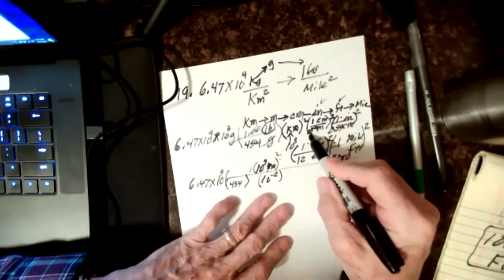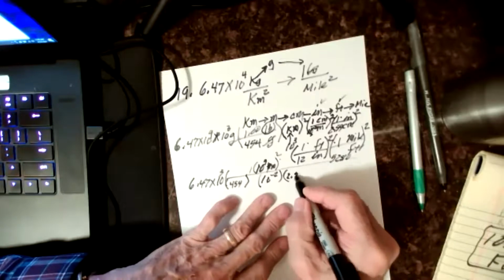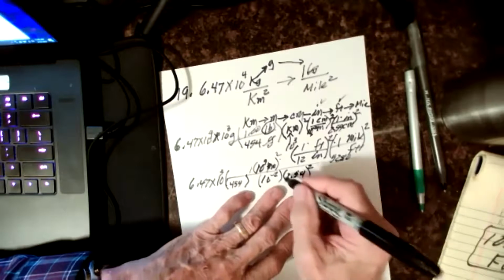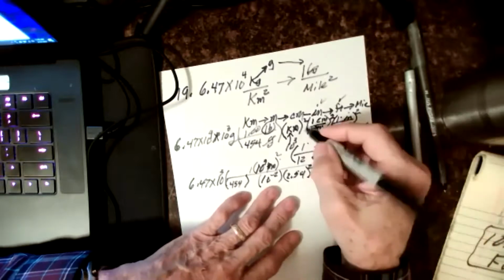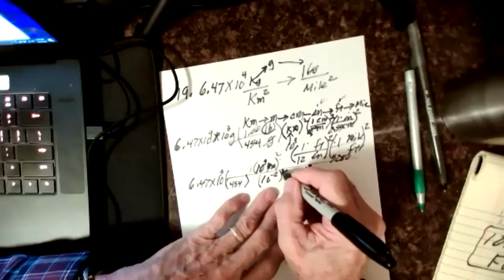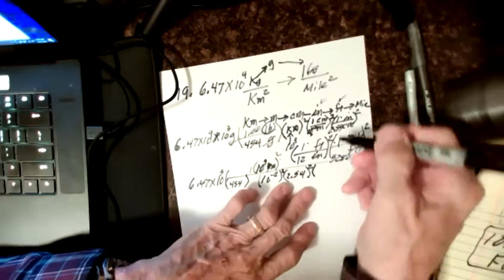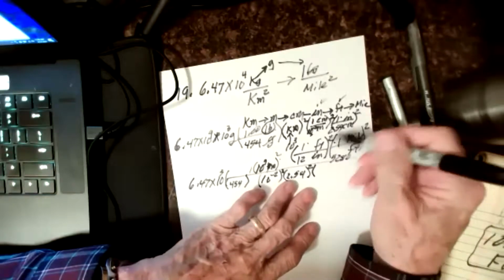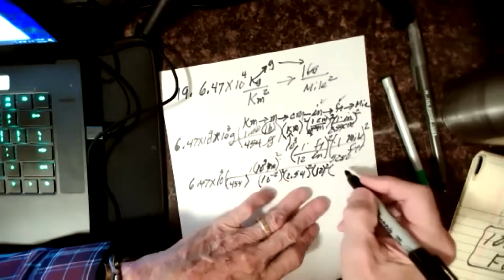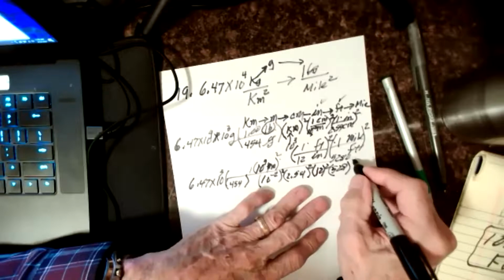And then I've got 2.54 down here. And that's squared. Wait, the 10 to the minus 2 was, yes, it was squared. That's squared. I think all of these factors are squared. Okay, 2.54. The next one is 12, and that's squared. And the next one is 5,280, and that's squared.